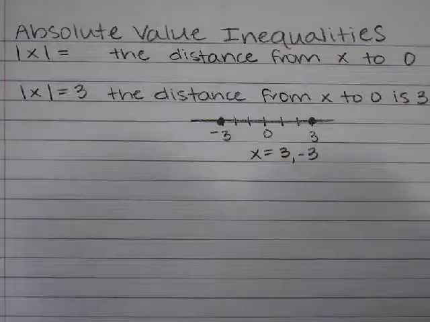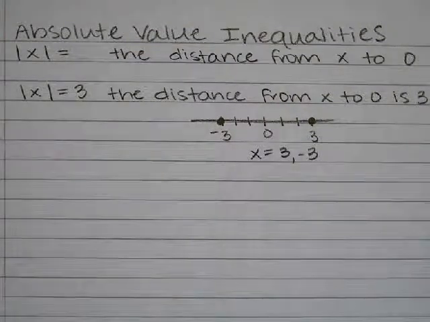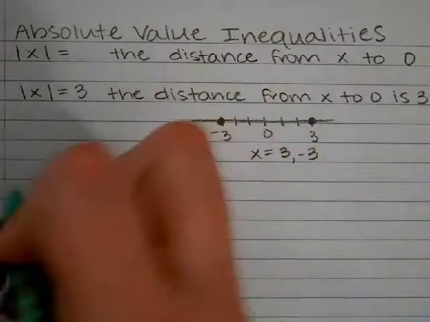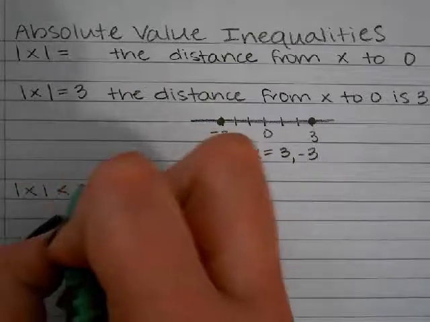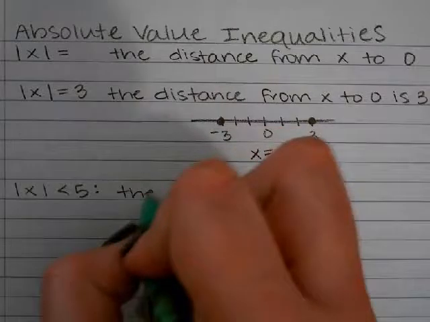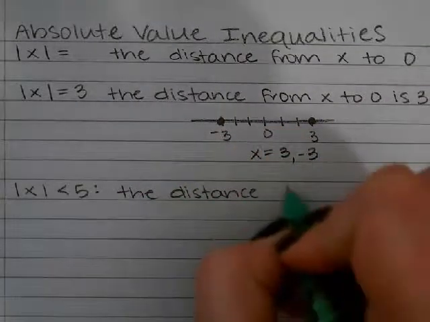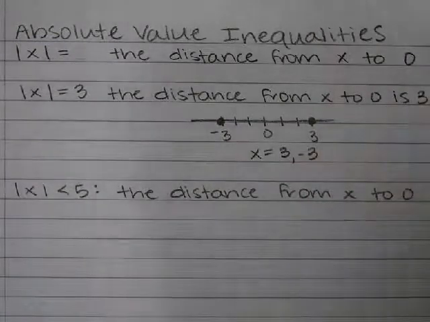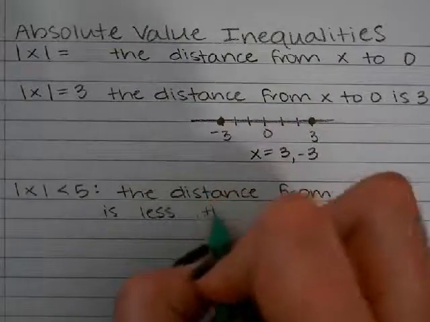So if I switch that and I start doing inequalities and I say the absolute value of x is less than 5, what I'm saying is the distance from x to 0 is less than 5. So how would I draw that?